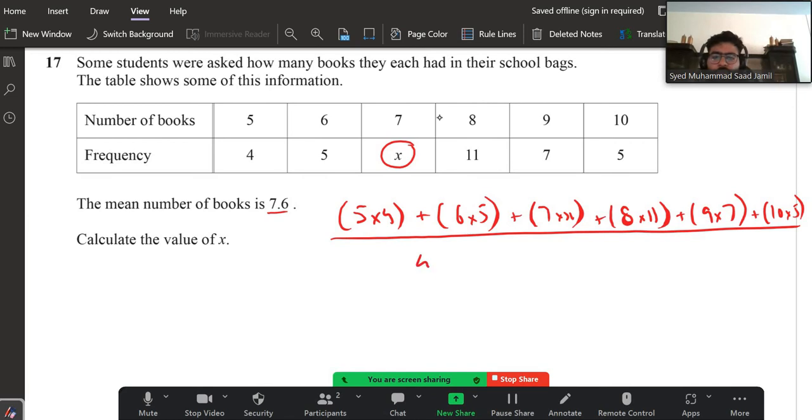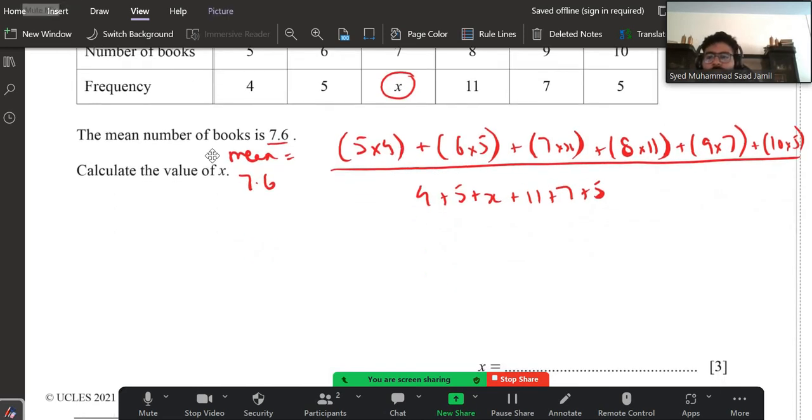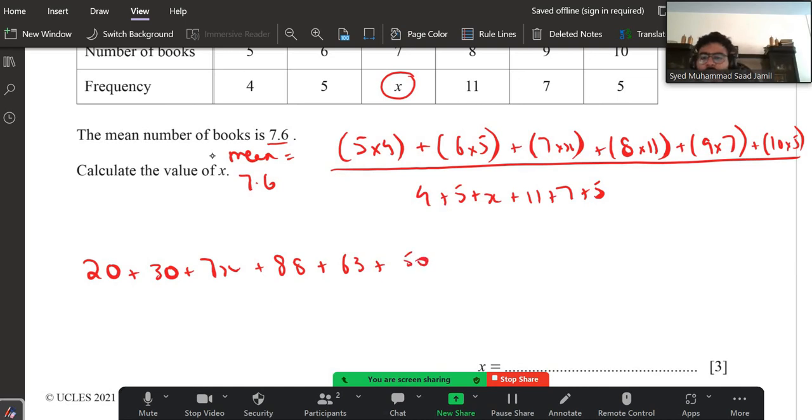Total frequency is how much? 4 plus 5 plus x plus 11 plus 7 plus 5. This is all equal to the mean, which is 7.6. Now we will add them all up. So 5 4s is 20, plus 6 5s is 30, plus 7x, plus 8 11s is 88, plus 9 7s is 63, plus 10 5s is 50, upon 4 plus 5 plus 11 plus 7 plus 5, which is 32.